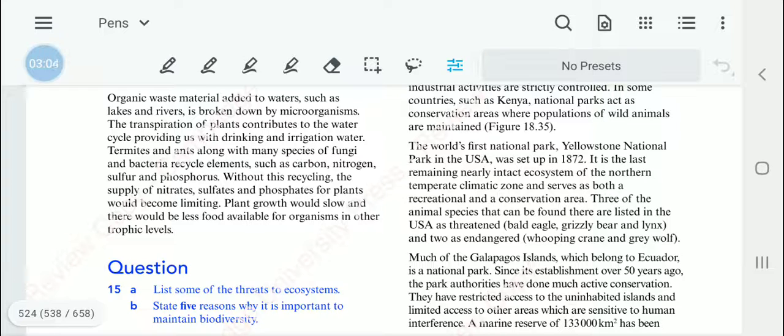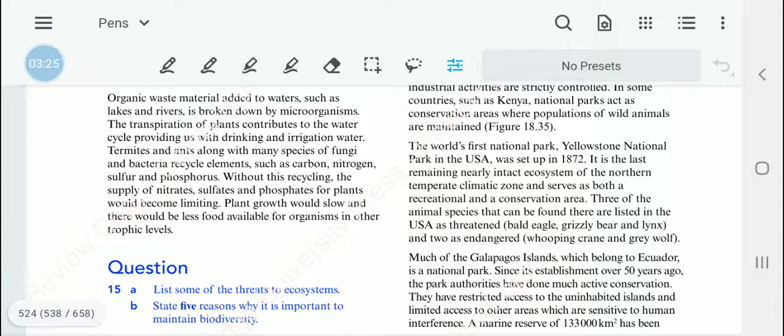It is a massive area and is the only remaining intact ecosystem in the northern hemisphere, a northern temperate climate zone, and it is not only a place where people can visit but also a conservation area.